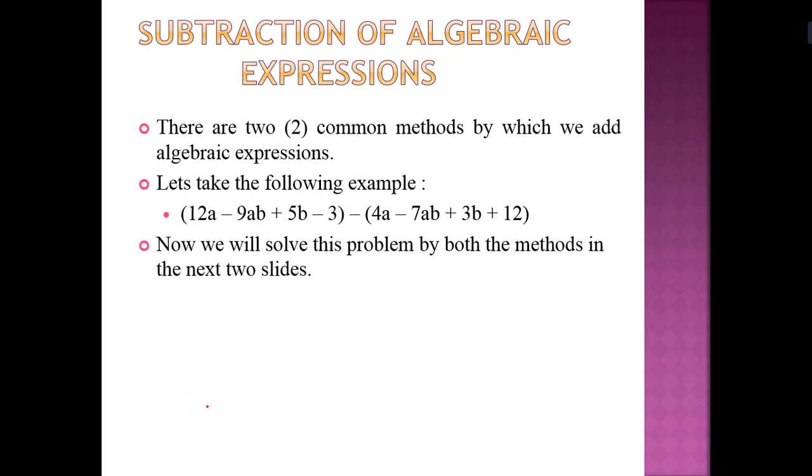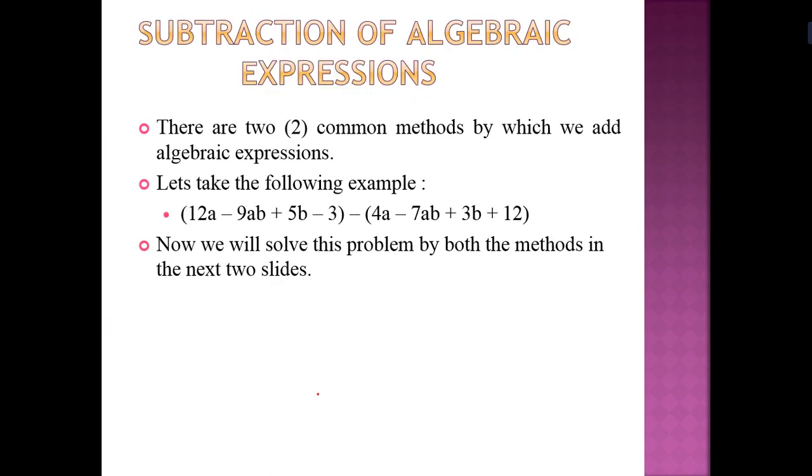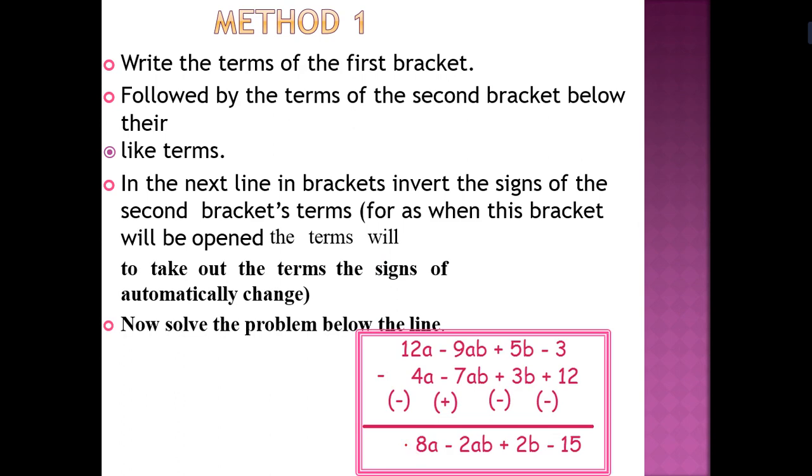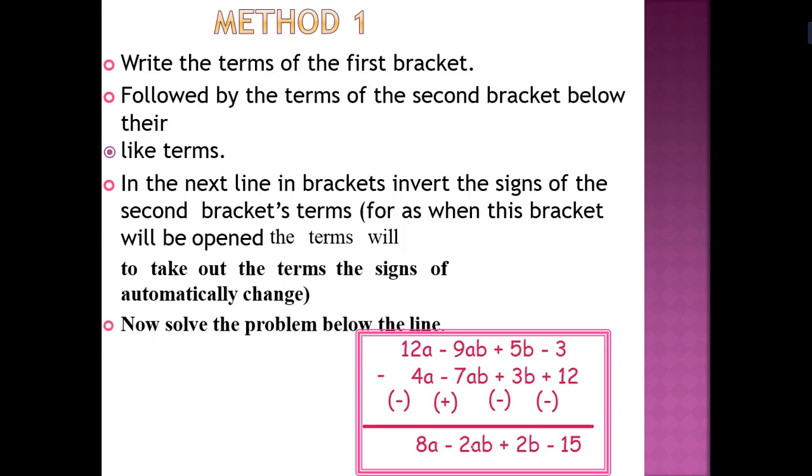Now we see in the next slide how they are doing it, so we can get the correct answer. So 12 minus 4, that is 8. 9ab plus 7, that is 2, so minus 2ab. Always open the bracket and change the sign.